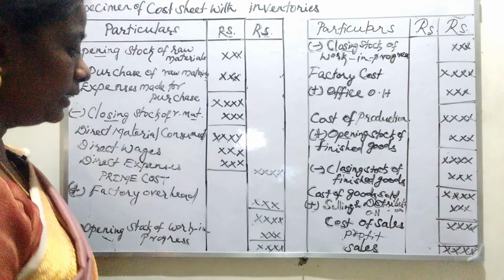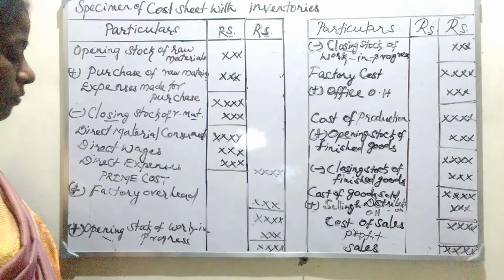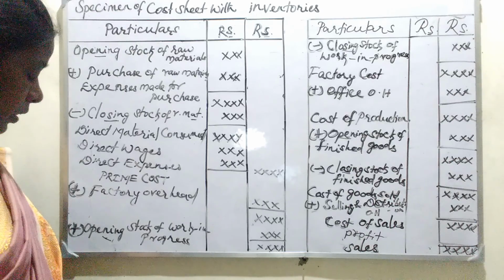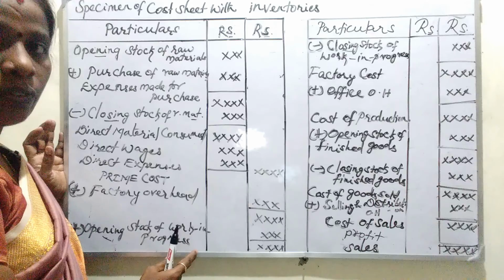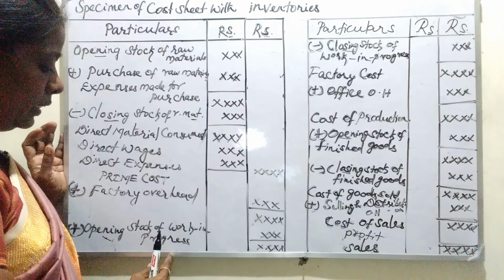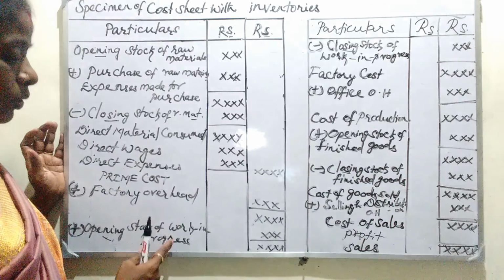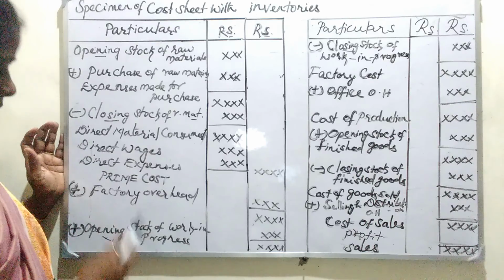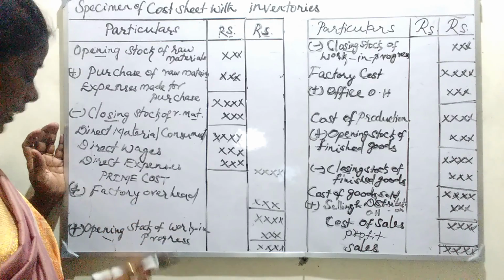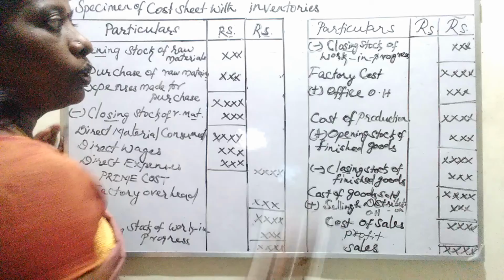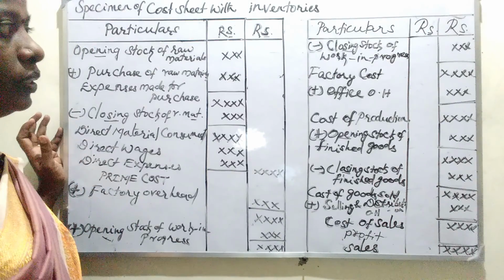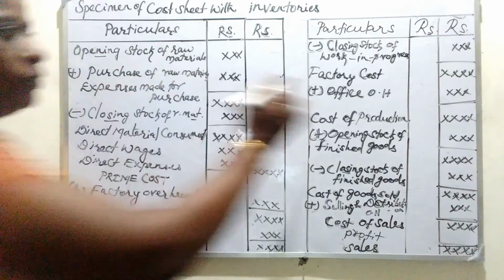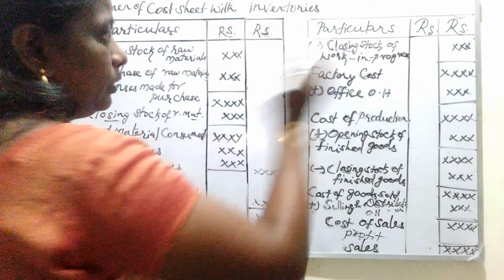Factory overhead is the whole expenses of the factory. Then here we have to adjust the stock of work in progress. The opening stock has to be added with the factory overhead and the closing stock of work in progress has to be deducted from the factory cost. So finally we have found the factory cost.